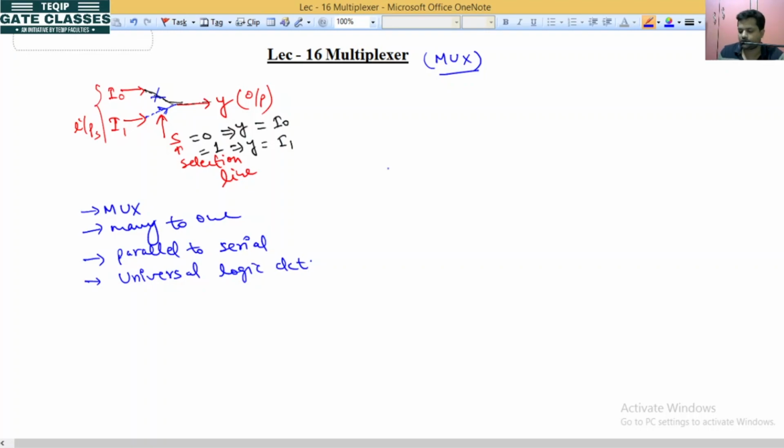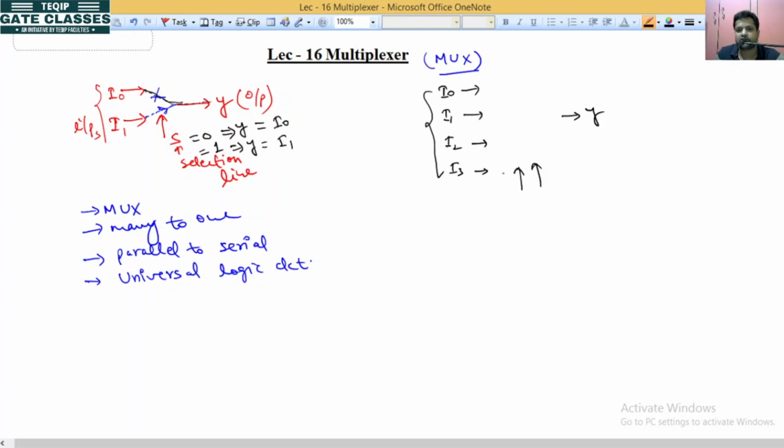Okay? Now suppose I have 4 data inputs here, I0, I1, I2, I3, and in that case also we have only one output. So out of these 4, which input is going to transfer to the output will be decided by the selection line. If we have one selection line, then we cannot cover all these 4 inputs.